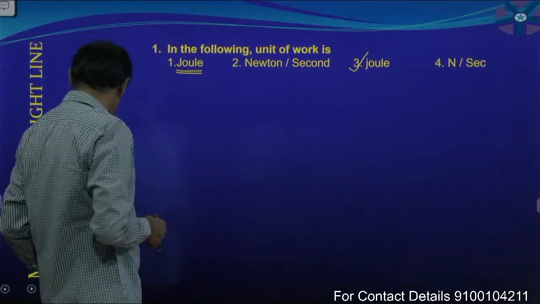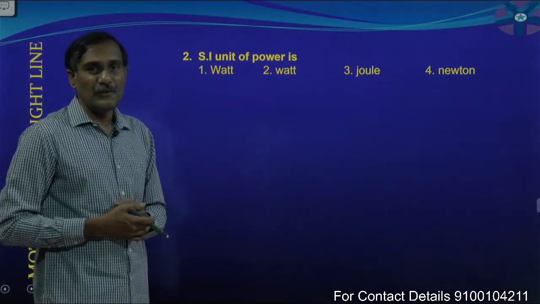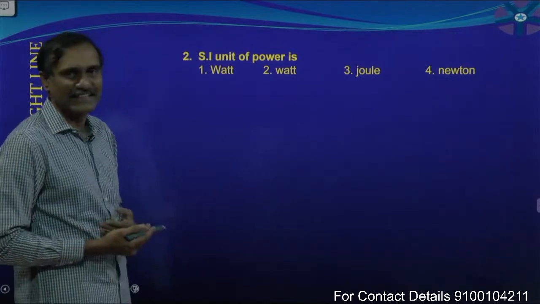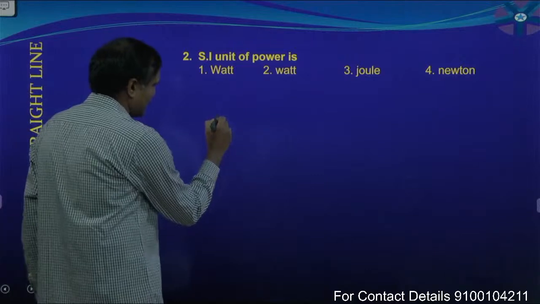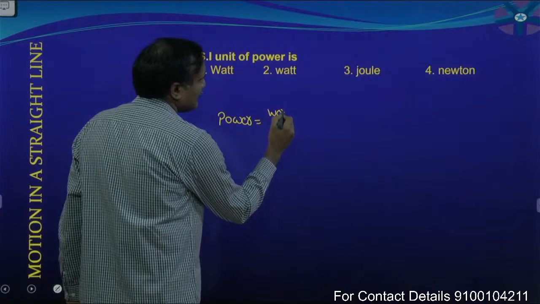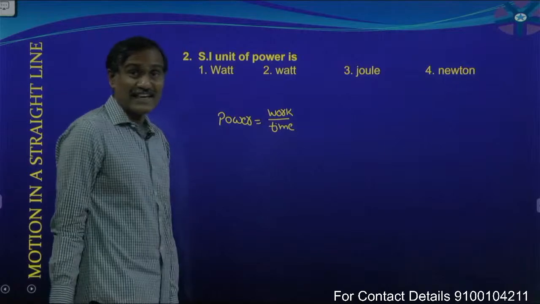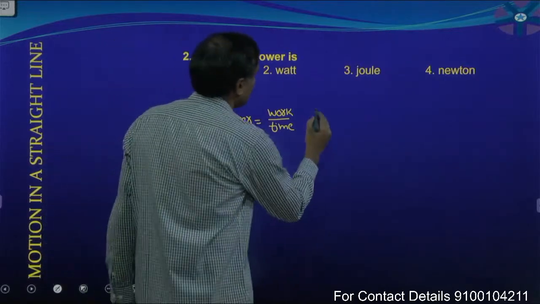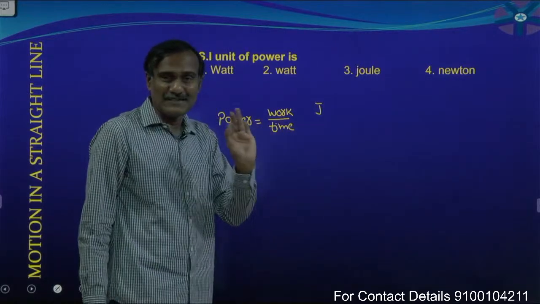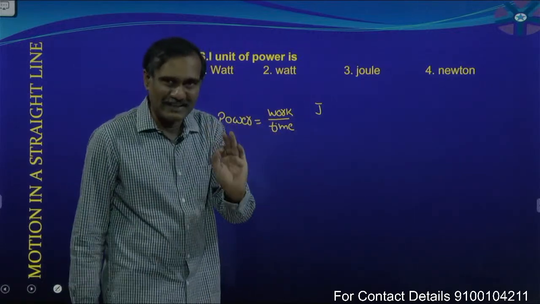Remember that. And next one. Observe this. What is the SI unit of power? Power means work done divided by time. Power is the rate of doing work, that is work done divided by time interval. Now, what is the SI unit of work? Joule, capital J. Here I want to use it as the symbol. In the case of the symbol, it should be a capital letter.